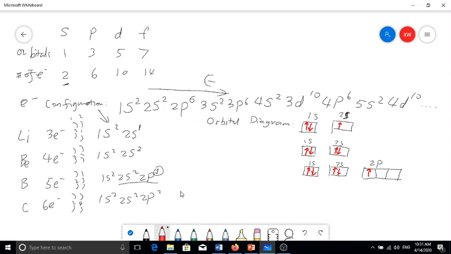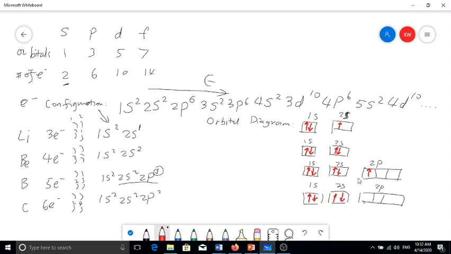Now carbon has 1 more electron than boron, so we're going to skip the early part. Six electrons. 1, 2, 3, 4.